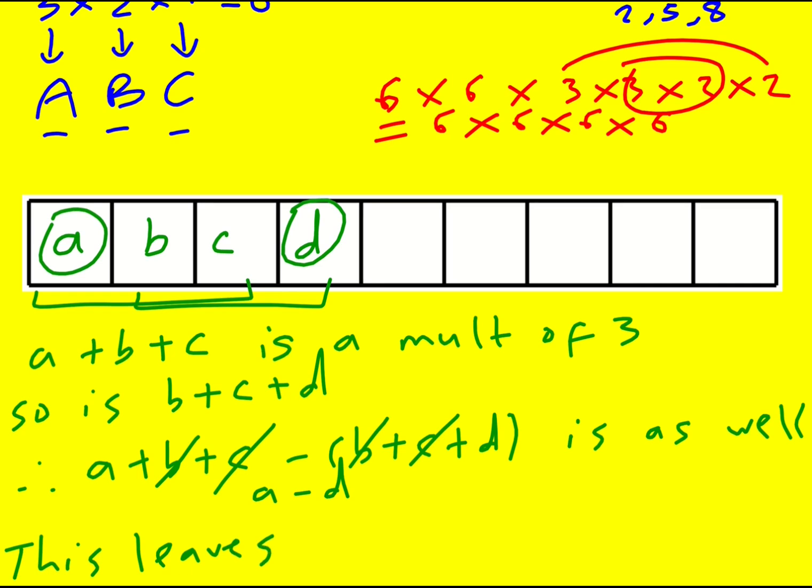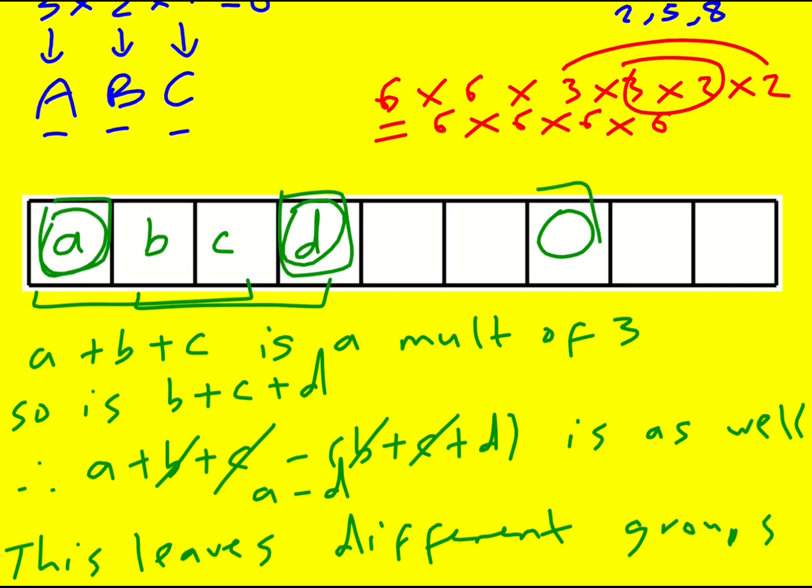So this leaves different groups, because the same is going to happen for exactly the same reason here. It must be that these are all basically 3 different from one another.